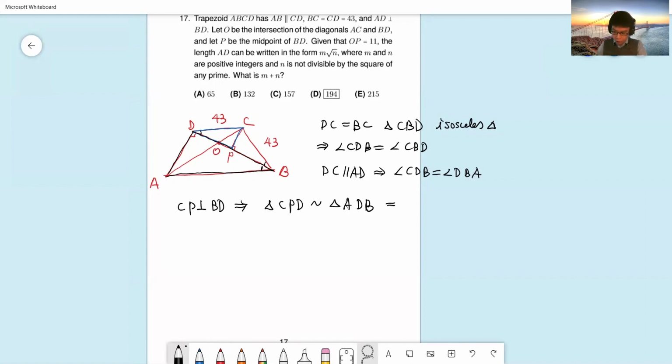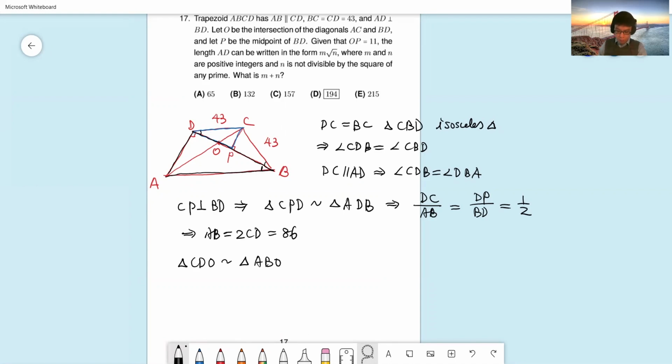Then we have the ratio DC over AB equals DP over BD. But DP over BD is 1/2 because P is the midpoint. So that means we have AB equals twice CD equals 86.